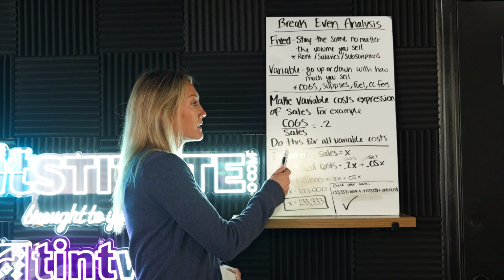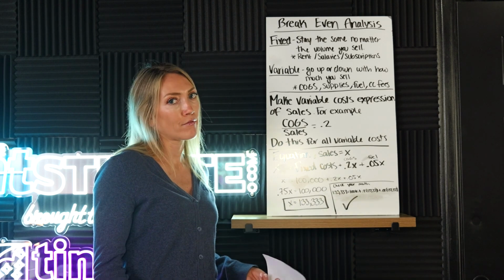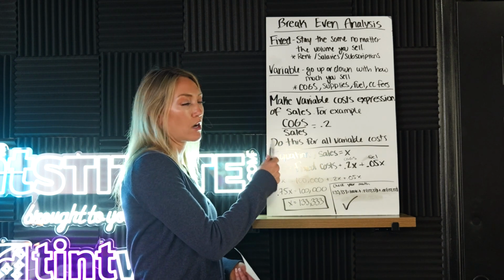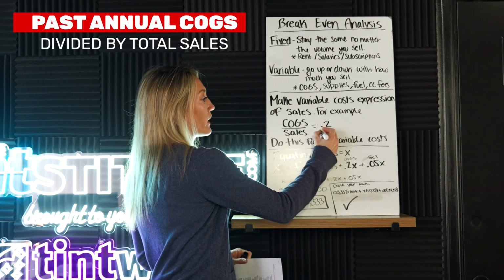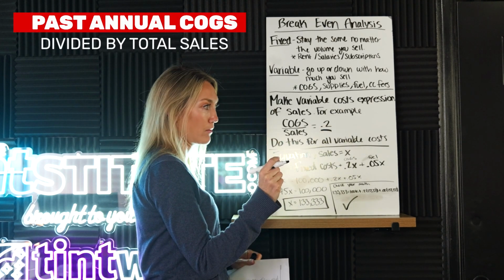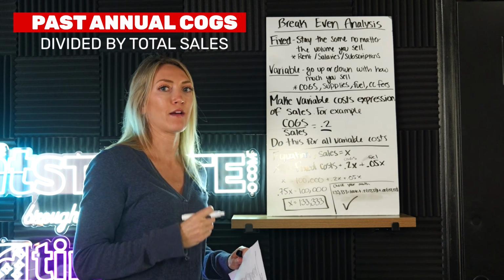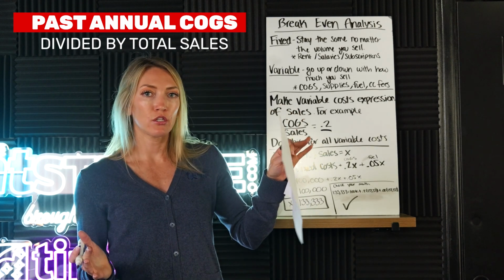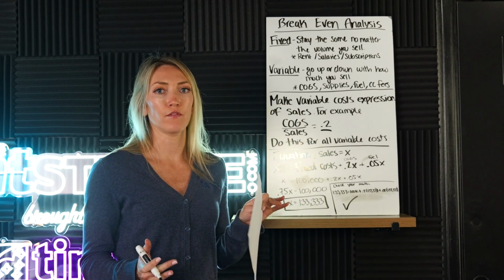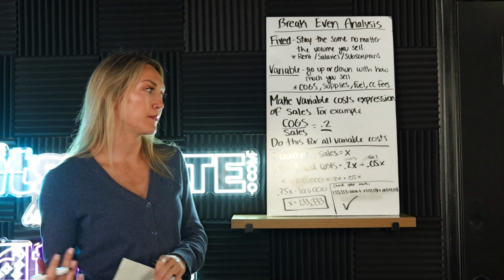So that means that for every $100,000 in sales we do, on average, we're spending $20K on cost of goods sold. So the coefficient is going to be 0.2 for that specific variable cost. I'm going to do that for every variable cost I have in my business. And once you do this, every cost in your business should be accounted for. It's either going to fall in the fixed bucket or the variable cost bucket.